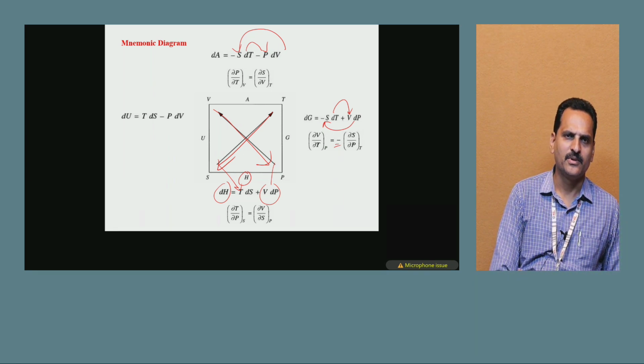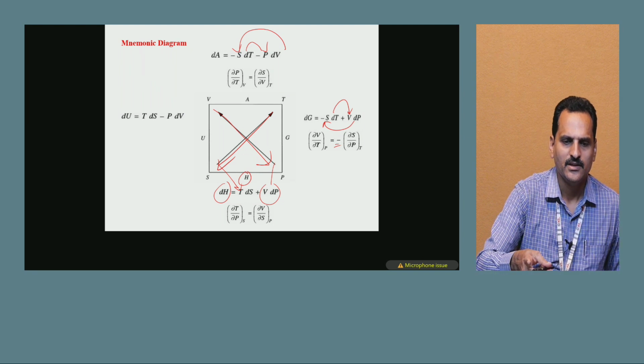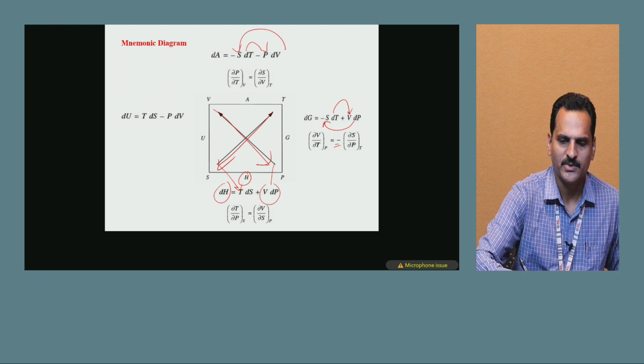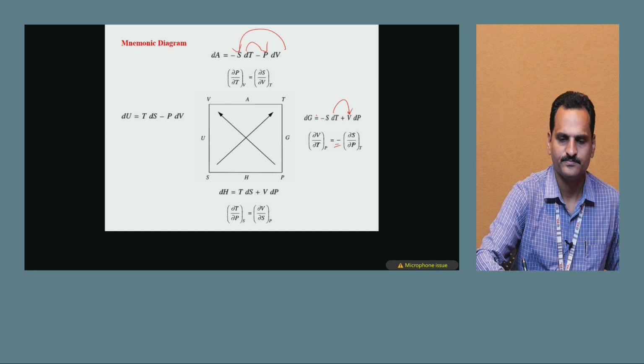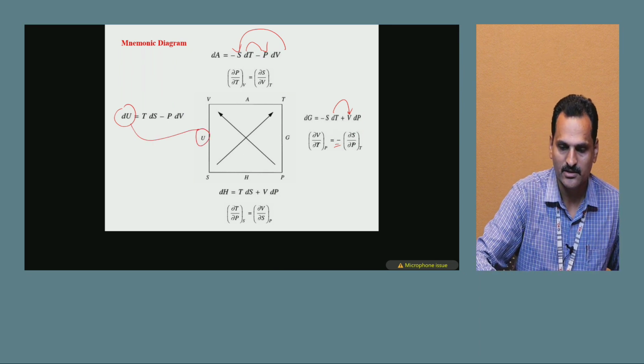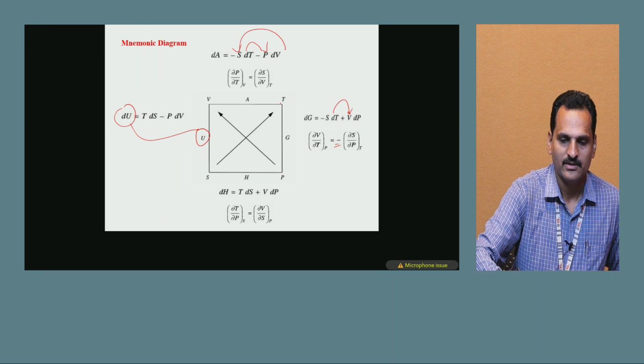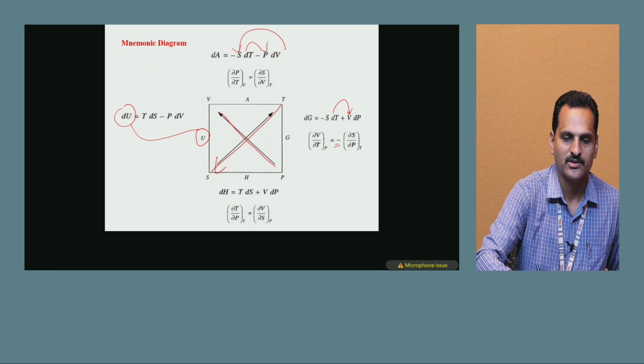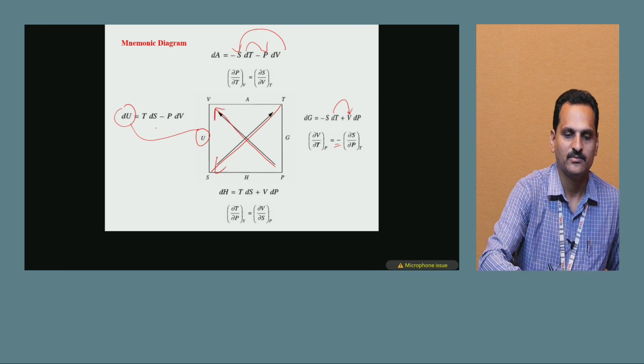So the last fundamental property equation, internal energy, dU is equal to TdS minus PdV. Let's remember this equation from the mnemonic diagram. The differential form of dU is equal to the opposite sign: TdS, plus, as there is an opposite arrow, that's why plus TdS, and towards the arrow, minus sign, minus PdV.